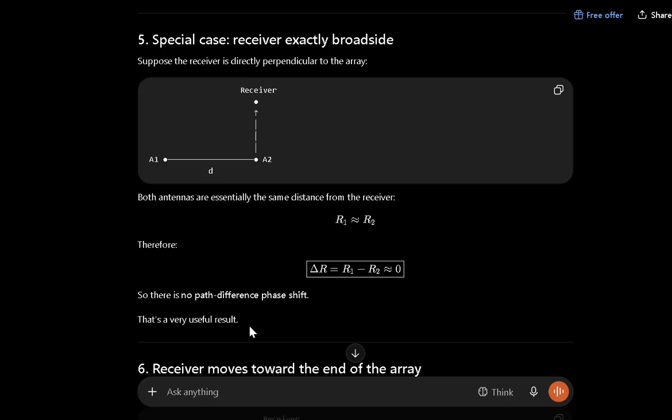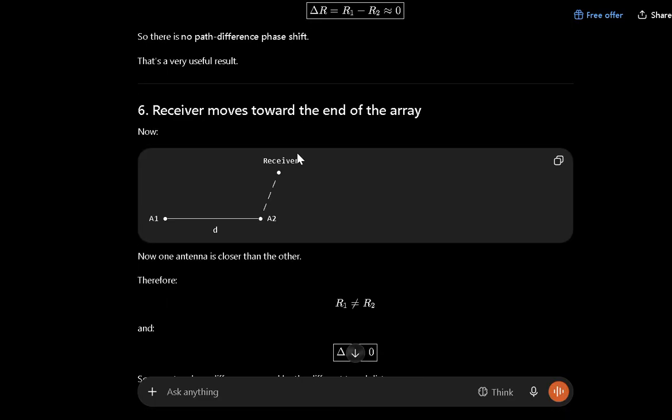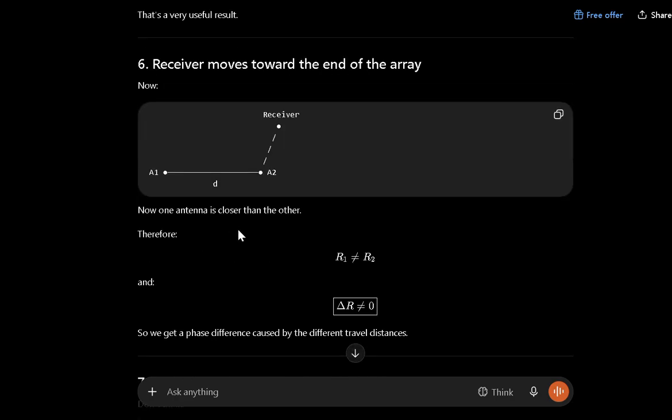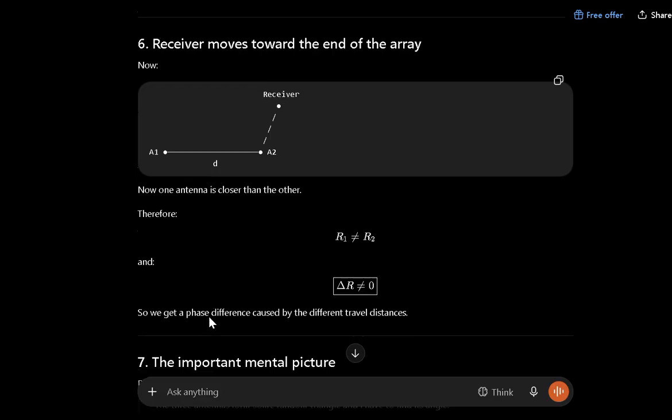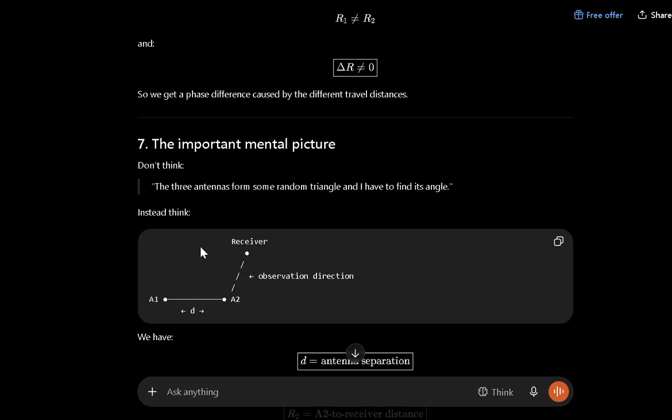Cos 90 is 0, so the path difference is 0. If you move toward the end of the array, now one antenna is closer than the other, R1 is not equal to R2, and you get a phase difference.